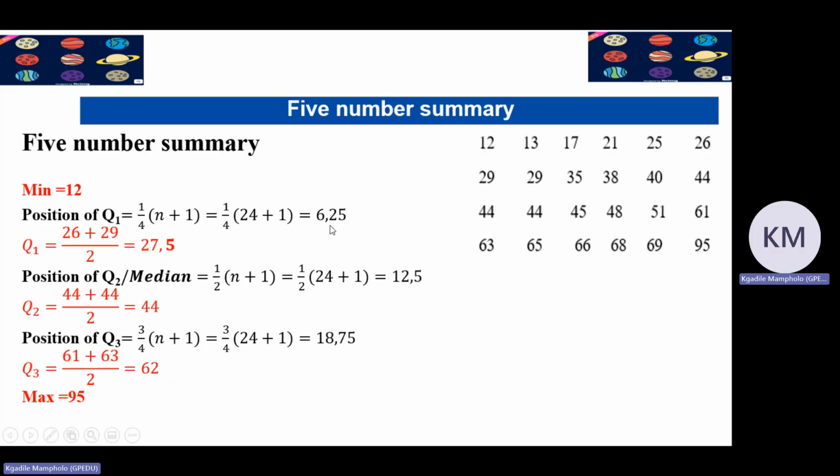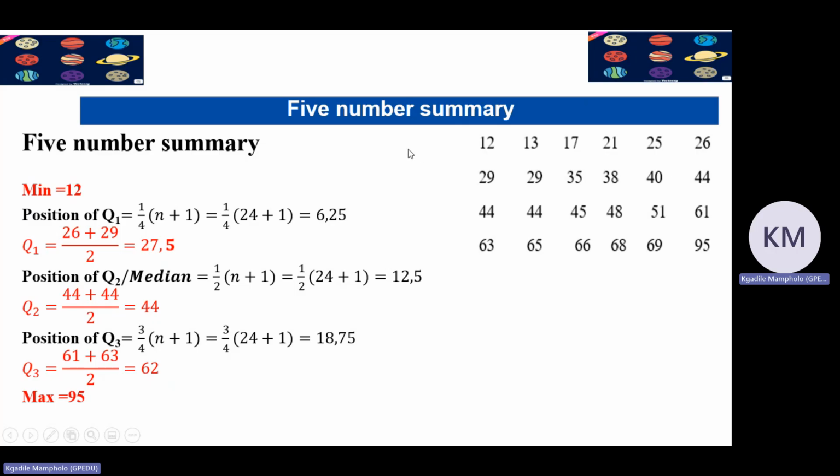Now, 6,25 is not necessarily the lower quartile. It's the position. Since it's not a whole number, you check the whole numbers between which the position lies. 6,25 lies between the whole numbers 6 and 7.